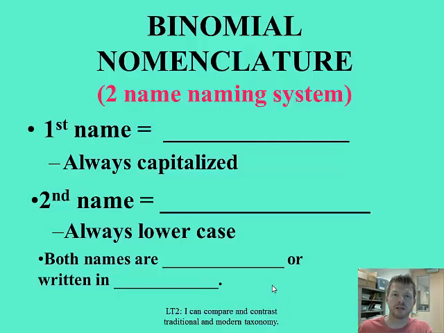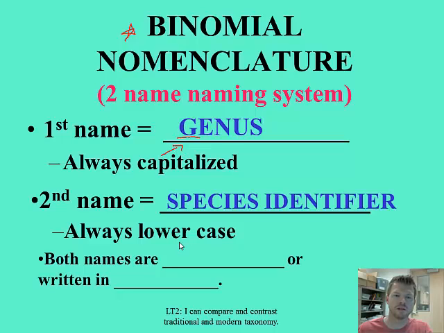We talked about the scientific name, so there's 2 parts here, and that's referred to as binomial nomenclature. And this is an important thing to understand. Every scientific name is written the same. The first part of the name is the genus, and the first letter is always going to be capitalized. The second part is the species, and this is always going to be lowercase.